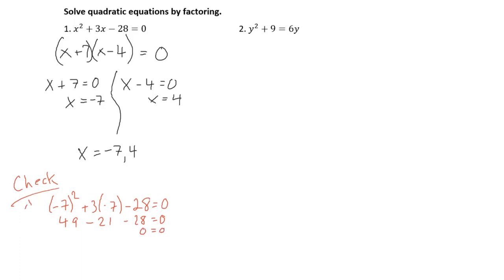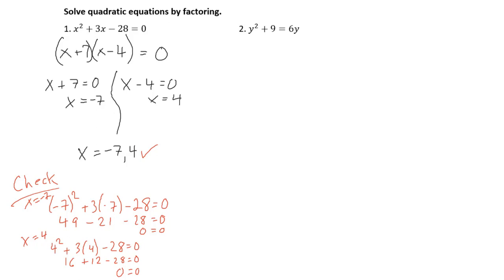So that checks when x equaled negative 7. We can check when x equals 4. That would be 4 squared plus 3 times 4 minus 28 needs to equal 0. 16 plus 12 minus 28 equals 0. 16 plus 12 is 28. Minus 28 does in fact give you 0. So both of these work.